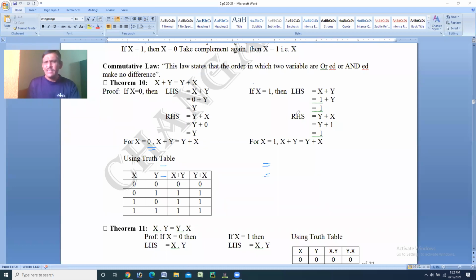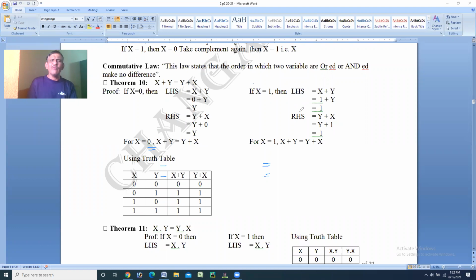Take RHS and check now. So RHS is equal to y plus x. Substitute the value of x as 1. So y plus 1 is equal to 1. So LHS is 1, and RHS is also 1. It means LHS equal to RHS. Theorem is proved algebraically. So this is the first method.